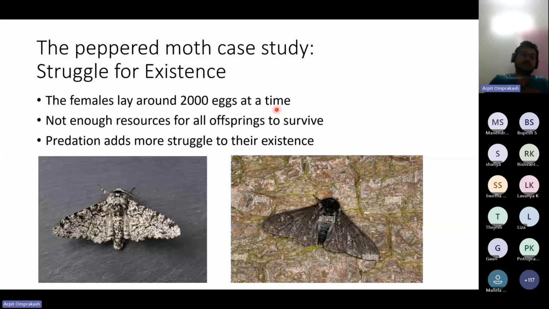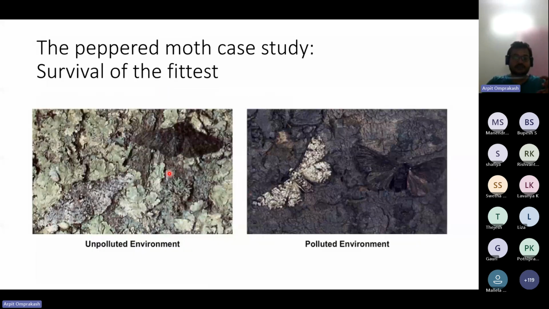So what happens? Let's say we have an unpolluted environment, for example, before industrialization in the UK. This is basically a tree, and the white things that you see are lichens on the tree.